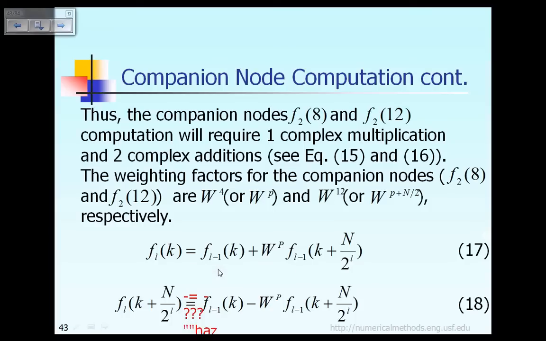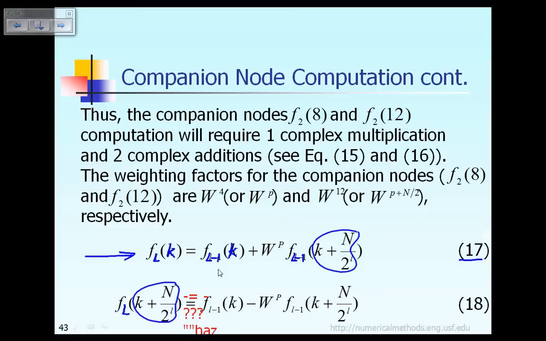So if you look at this formula, let me say one more time: according to equation 17, the computation of the vector FL component K is given by the right hand side, which is the previous vector L minus 1 at the same location K, plus W raised to the power P of the previous vector FL minus 1 at location K plus N over 2 raised to power L. After we compute the value of FLK based on equation 17, the companion node will be the computation of FL at this location.